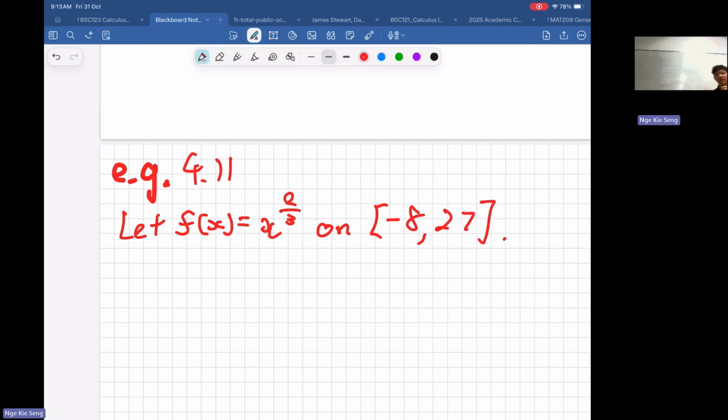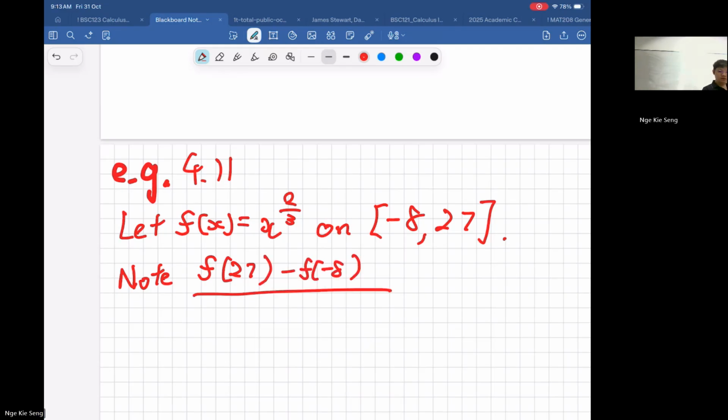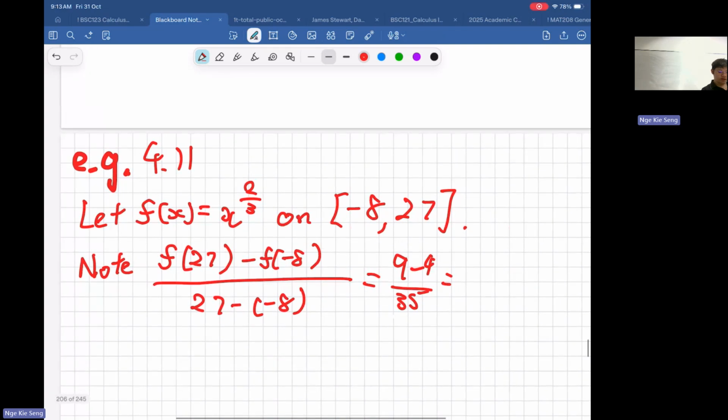And let's just show why it fails. To show this, let's compute the gradient of the secant that joins the two endpoints. If we compute this, we'll get 1/7.